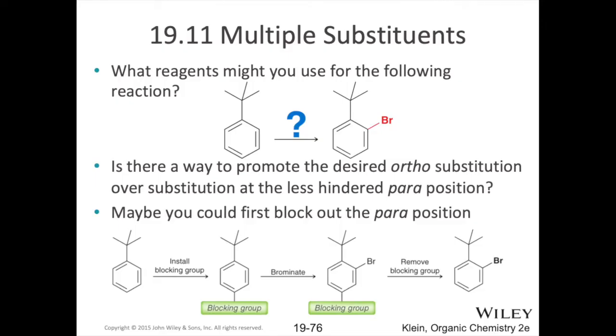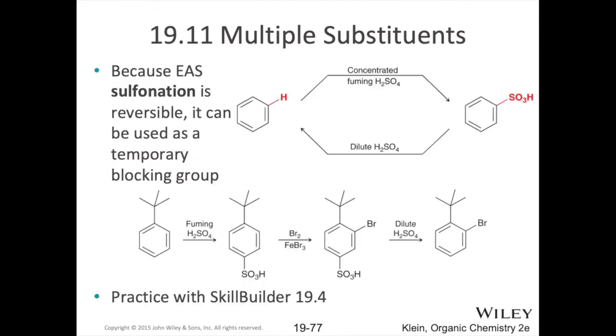Okay, and the answer is blocking groups. We want to block off that para position so that the bromine has no choice but to go to the ortho position. Once the bromine's been added, we remove our blocking group and we now have the product we want. So you remember earlier, when we were looking at the different types of reactions, I pointed out that when we sulfonate a benzene, we add on that sulfonic acid group.